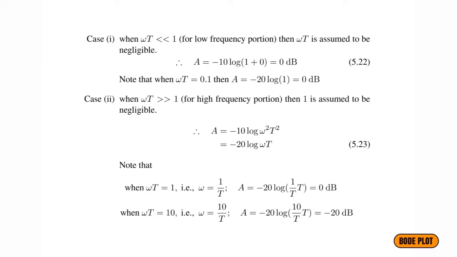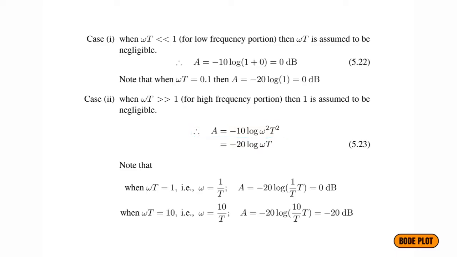If you multiply that 1 by 2, that's why this becomes 10. Minus 10 log omega square tau square. Again, if you bring the 2 here, it becomes 20, if you remove both the omega square and the square root, you get omega tau. Minus 20 log omega tau. In that case, 1 is negligible.